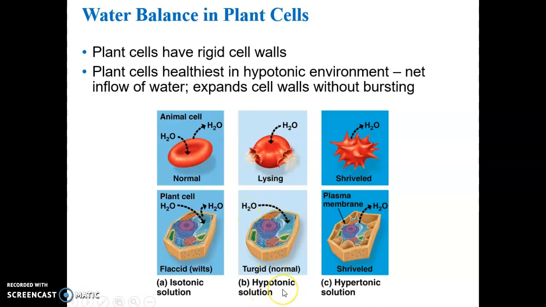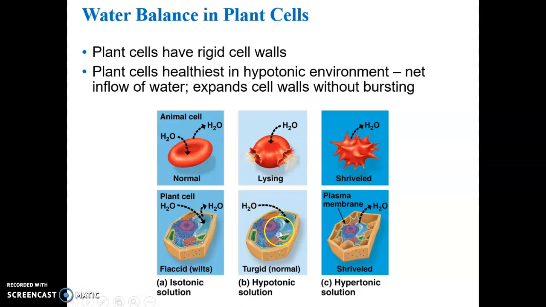And again, hypotonic, meaning externally lower solute concentration, but also higher water concentration relative to the cell. The solutes, most of them can't get across the plasma membrane easily, but water can. So in this case, the water will go down its concentration via osmosis and enter into the cell.